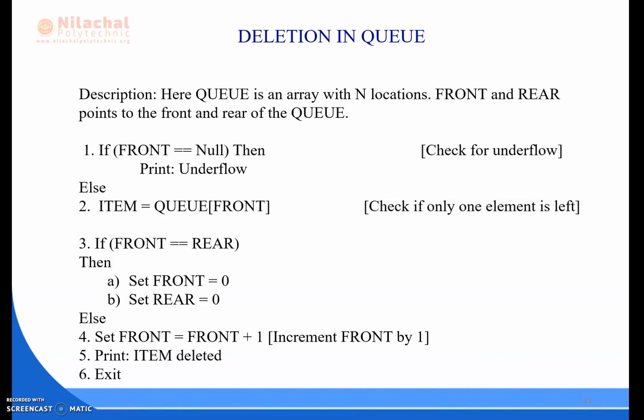Else the front will be incremented by 1 position and the item will be deleted. So here is the deletion in queue, when the front is incremented by 1 position and the item is deleted. So at the very 6th step, after the item is deleted, we are going to exit out of the queue.